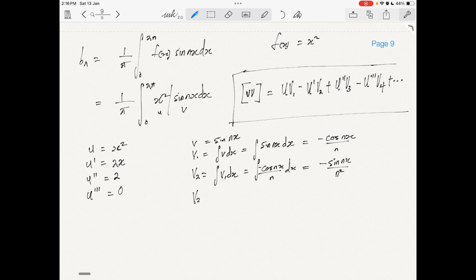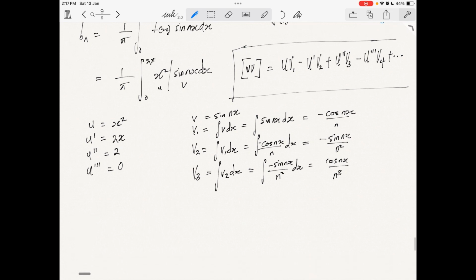And finally v3, which is integral of v2 with dx, is integrating minus sine nx over n squared with dx, and integrating this, we have it to be cos nx over n cubed.